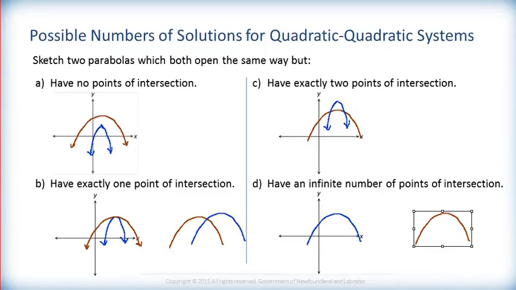And finally, for my infinitely many points of intersection, I simply have one parabola that is congruent to the other, and they lay on top of each other, like so. And there we have it, all the possible numbers of points of intersection between two parabolas.